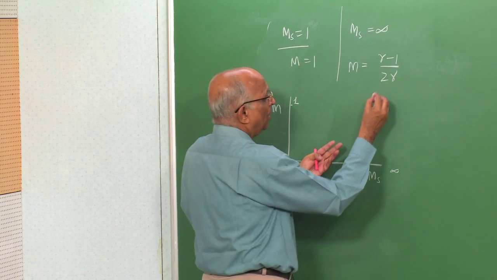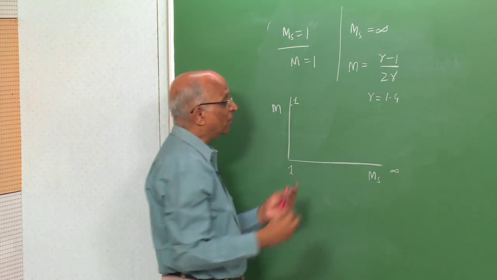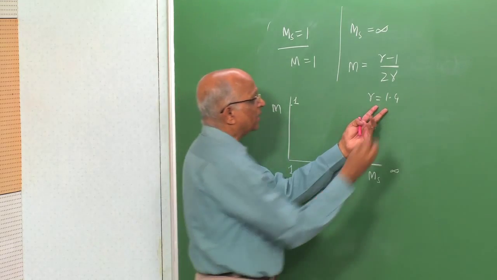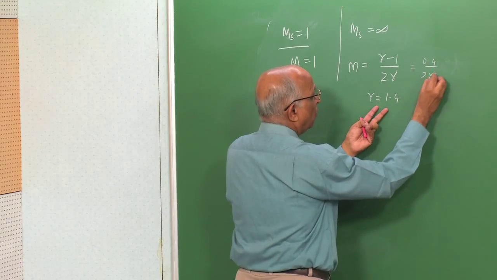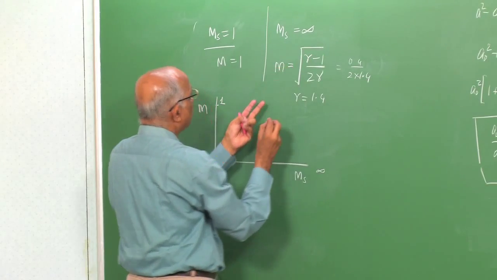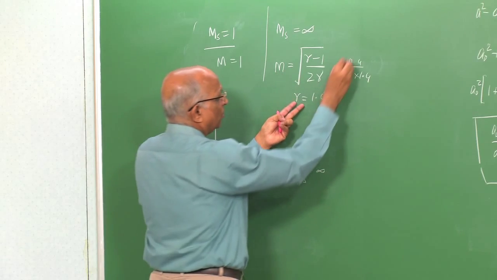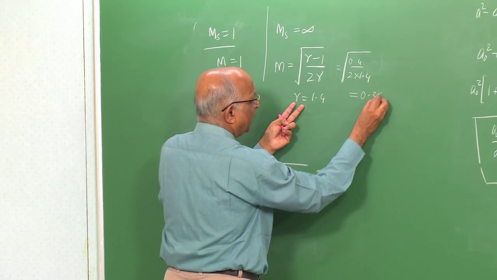What is the value? We take gamma for air equal to 1.4, let us say we are doing it for atmospheric air. We get 0.4 divided by 2 into 1.4, and mind you, this is under root, since this was M square over here. This works out to be 0.38.